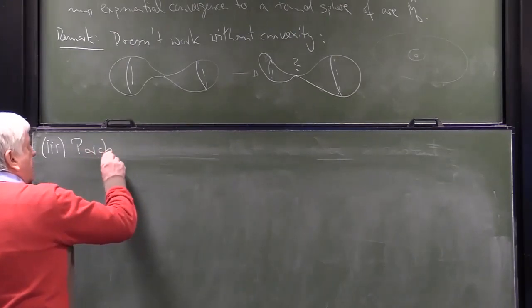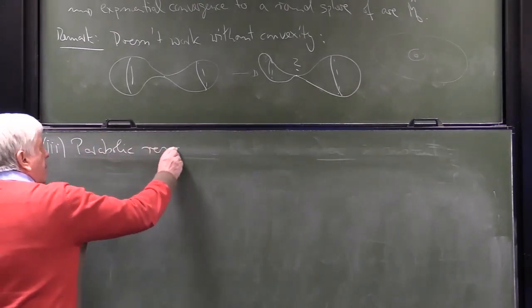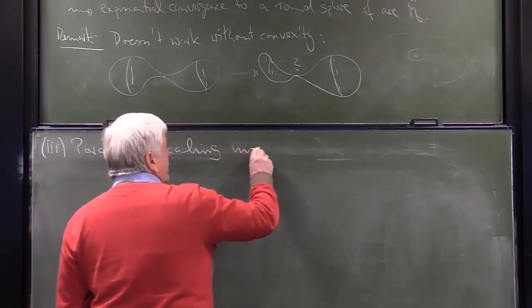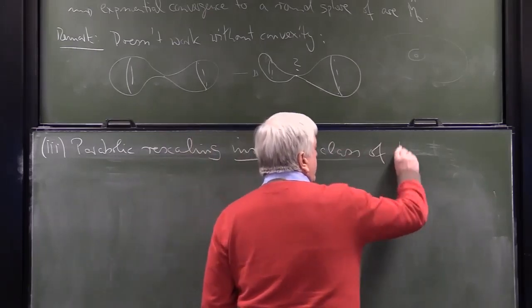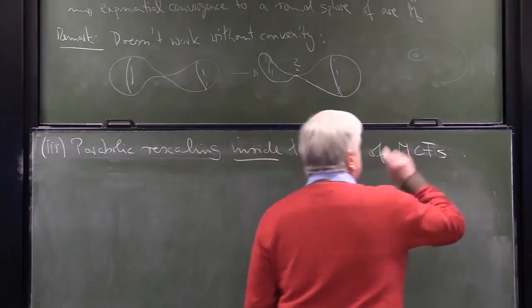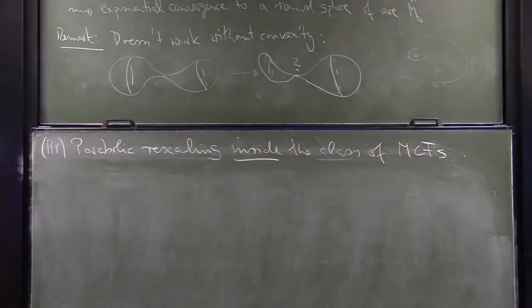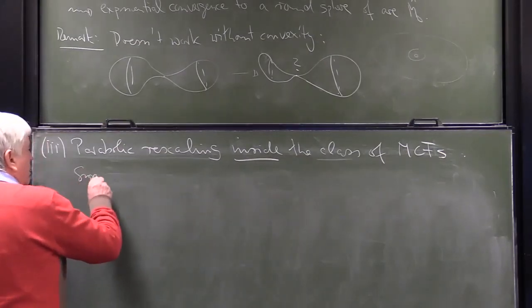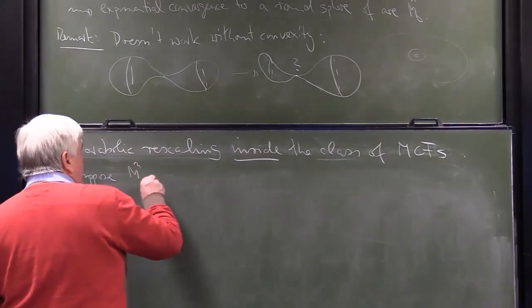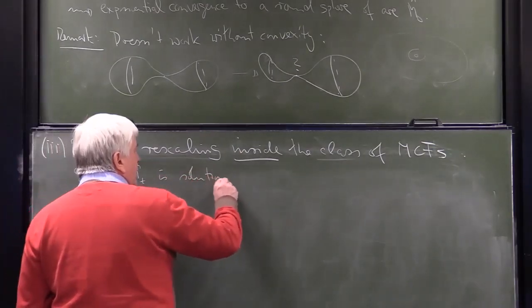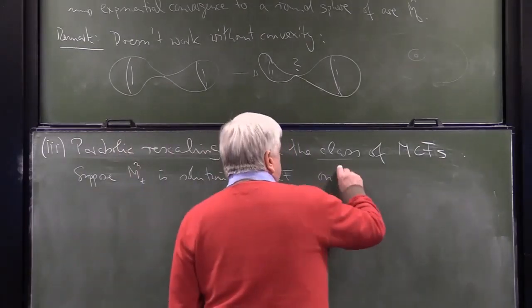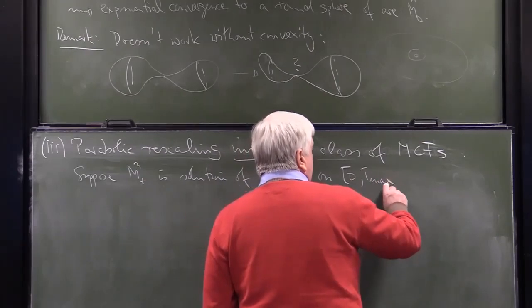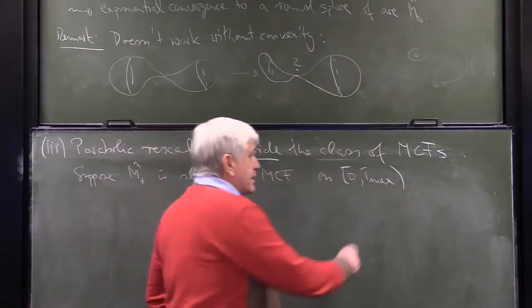So parabolic rescaling inside the class of mean curvature flows. It's the third possibility. And for this, suppose M_n_t is a solution of the curvature flow on some time interval up to T_max, finite, say.